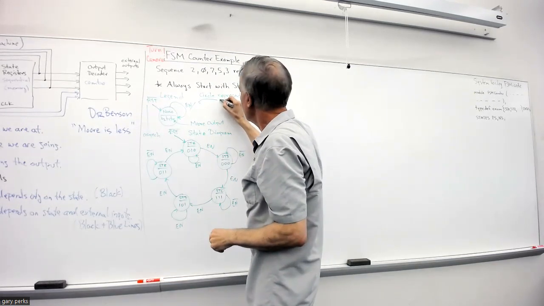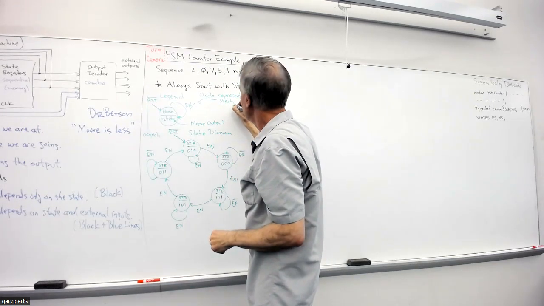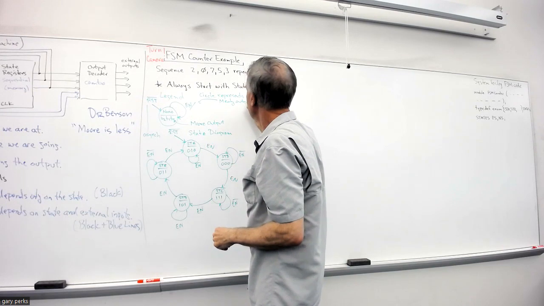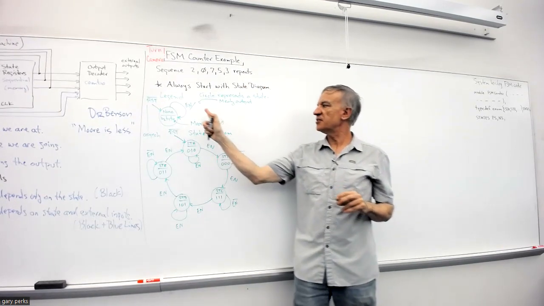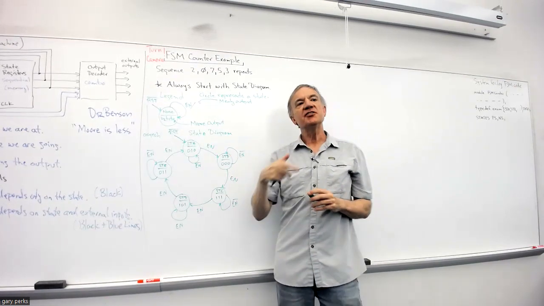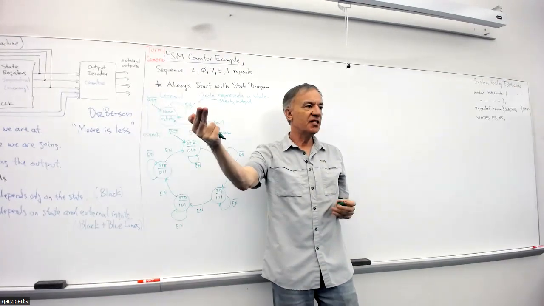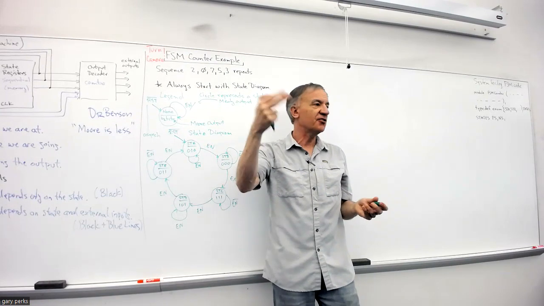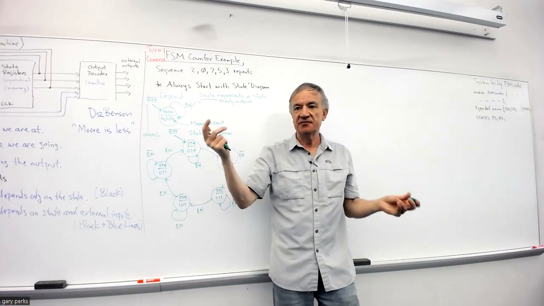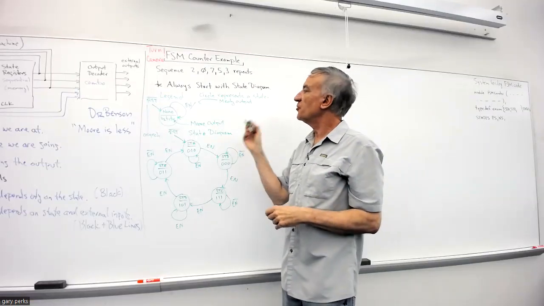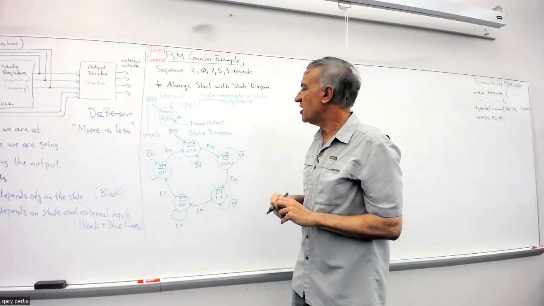This is where Mealy output goes. Again, a Mealy output not only depends on the state, but also depends on either an external input, singular, or external inputs, plural. You could have either.